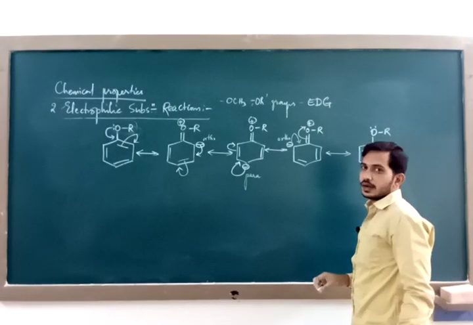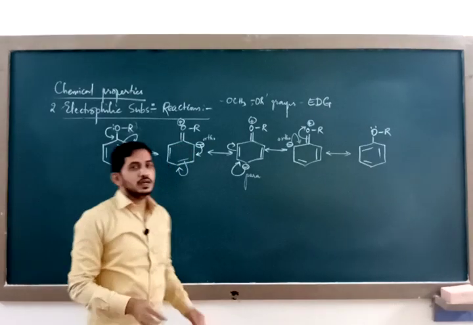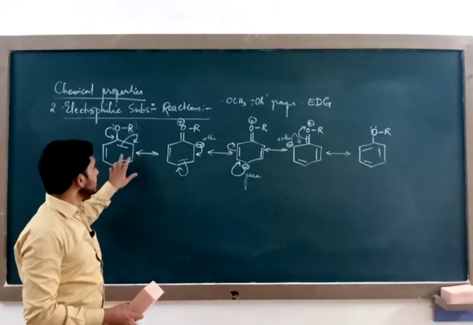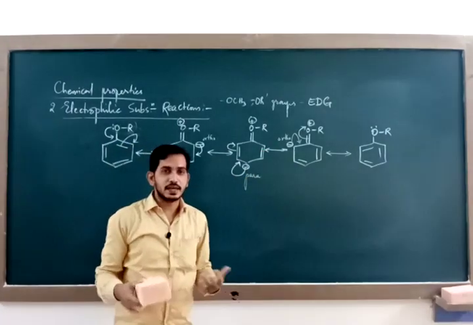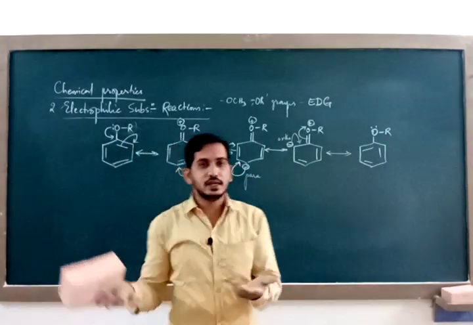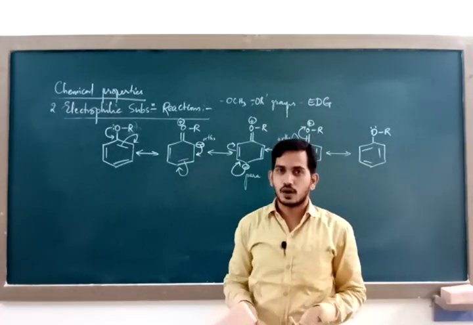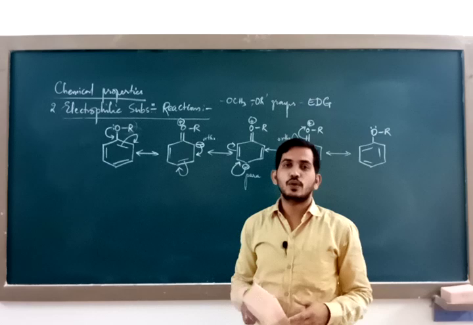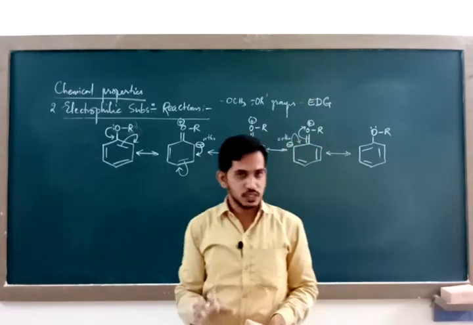OCH3 or OR groups, these are electron donating groups. Because of presence of an electron donating group, it donates electrons to the benzene ring, making it an electron rich center. Therefore electrophiles can attack easily. Now you tell whether anisole should undergo electrophilic substitution reaction or not. Yes, it will undergo electrophilic substitution reaction because of the presence of methoxy group, OCH3 group.